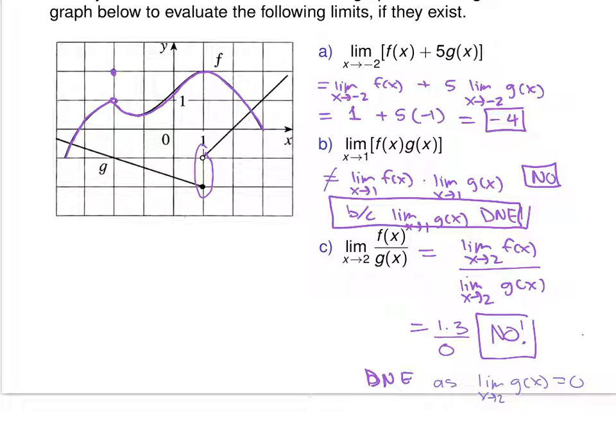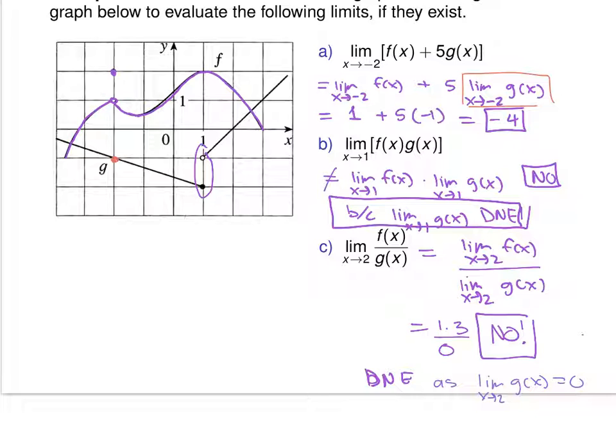Alrighty, so going back to A for a second. As x went to 2, that was this point, right? Does it make sense that the value of the limit was the same as plugging in that number?